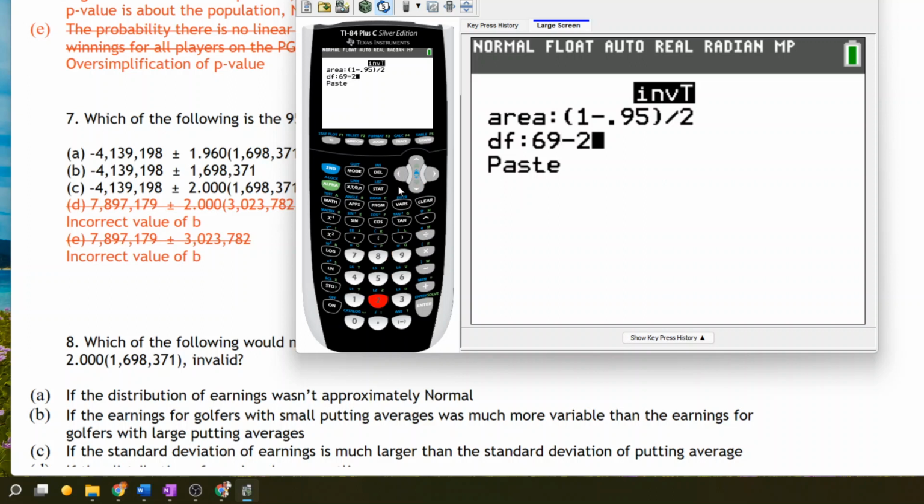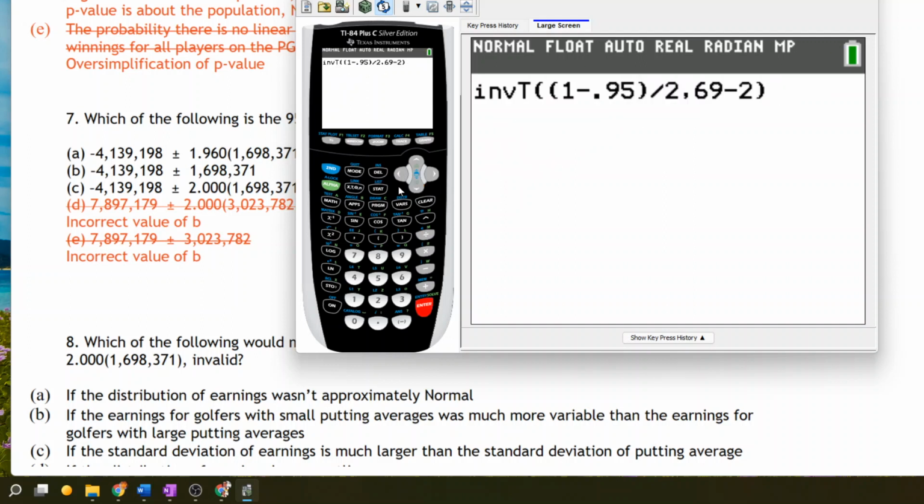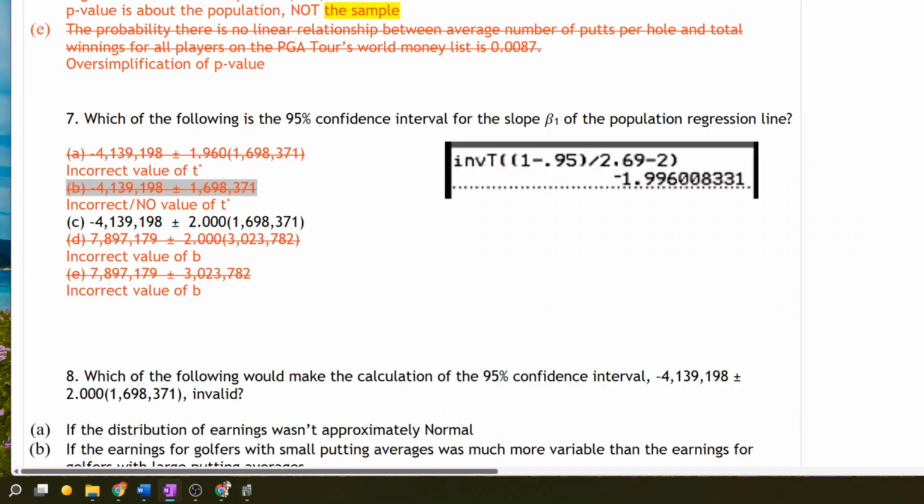In other words, there were 69 values for the number of putts, and there were also 69 values for the winnings. So 69 pairs of coordinate data. We'll go ahead and calculate that, and this should be pretty conclusive here. Yep, it looks like a t-star of positive 2. So our correct answer here should be letter C.